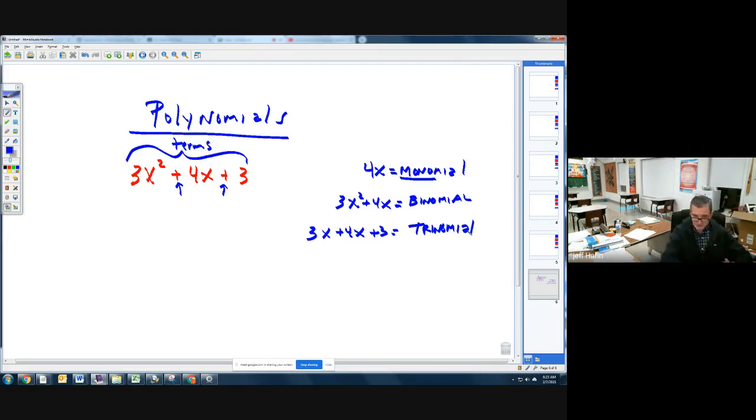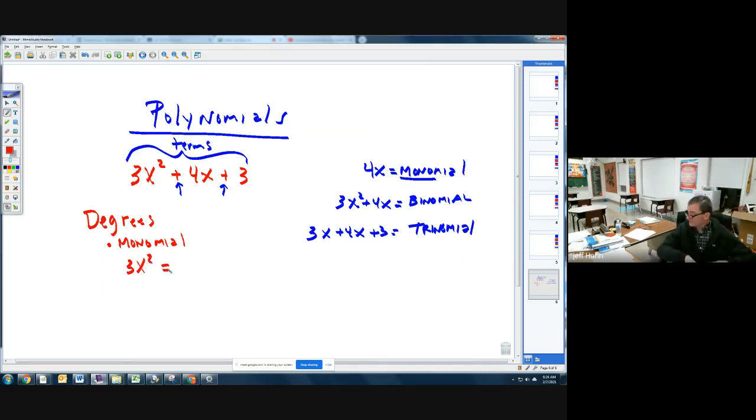Sometimes the book teaches something you'll rarely hear, which is they talk about degrees of polynomials and monomials. First of all, let's look at the degree of a monomial. Let's just pick 3x squared as my monomial.